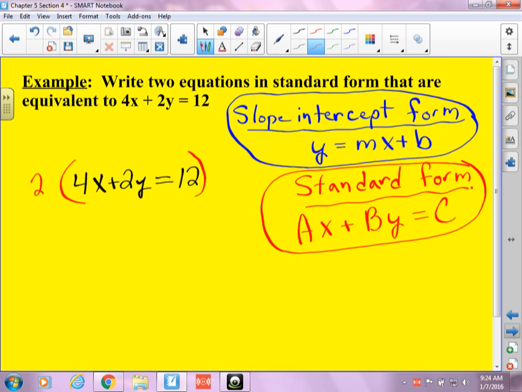I just chose 2. So 2 times 4 is 8, so I got 8x plus 2 times 2 is 4y equals 2 times 12 is 24. That is equivalent to the other equation. I just multiplied all the way through.